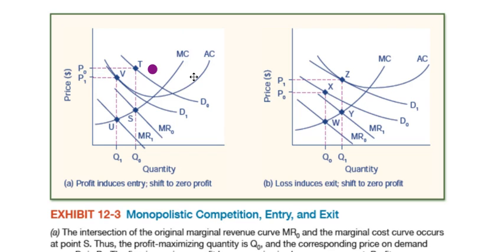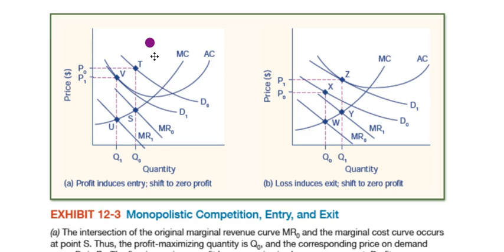Now, just like in the monopoly, a monopolistic competitor is going to look at where their marginal revenue equals their marginal cost and then move up from that point to their demand. The big difference is firms can move in and out of the market.